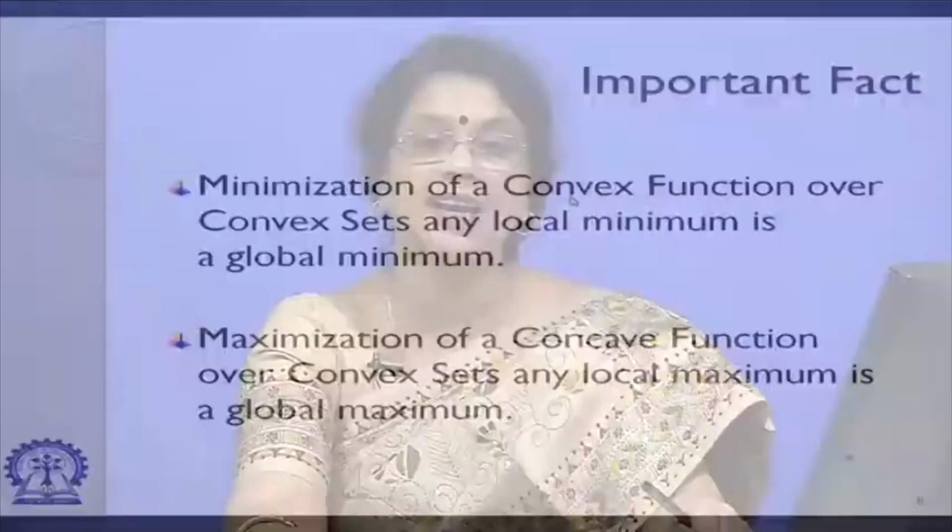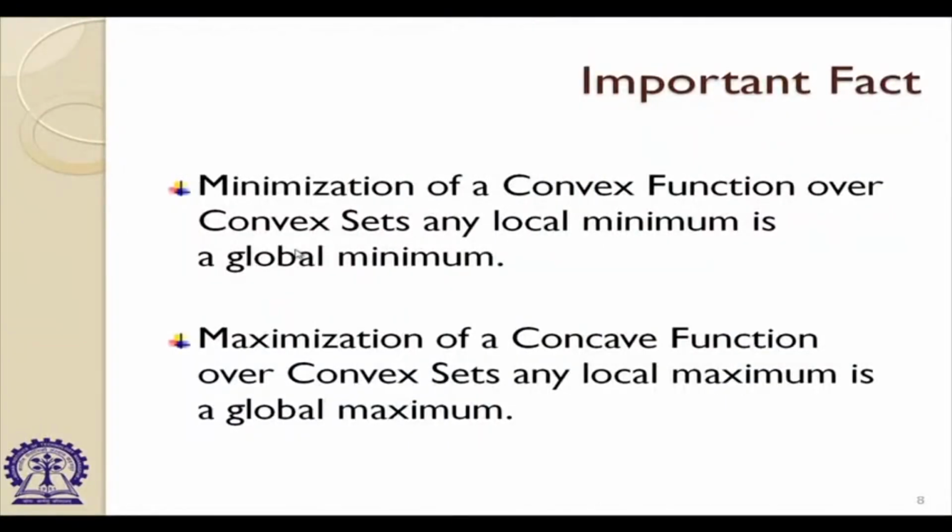But as I said, if we have the other combinations, that means the objective function is concave, the constraint set is convex, and we are minimizing the function, then do not expect that you will get the global optimal solution out of it. It may happen the objective function is neither convex nor concave, constraint function is neither convex nor concave, do not expect that you will get the global optimality.